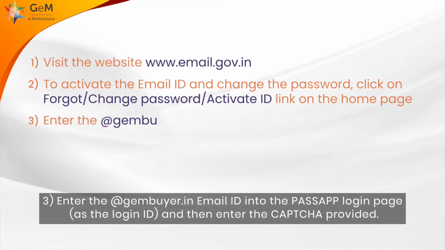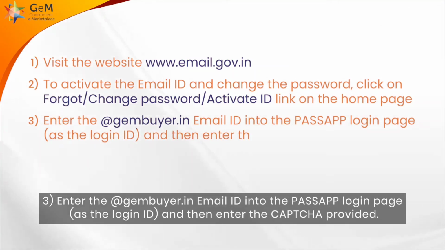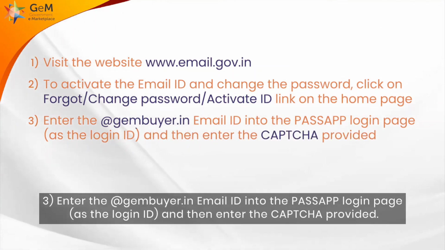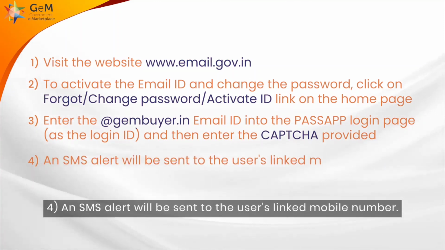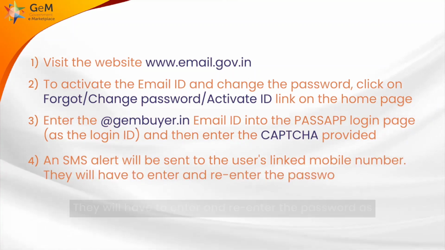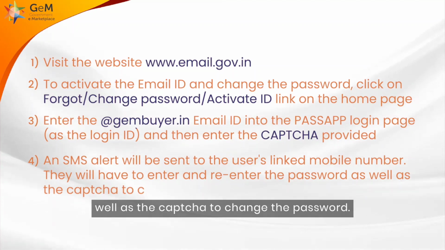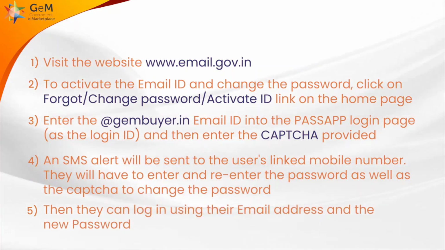Enter the @gembuyer.in email ID into the login page as the login ID and then enter the CAPTCHA provided. 4. An SMS alert will be sent to the user's linked mobile number. They will have to enter and re-enter the password as well as the CAPTCHA to change the password. 5. Then they can log in using their email address and the new password.